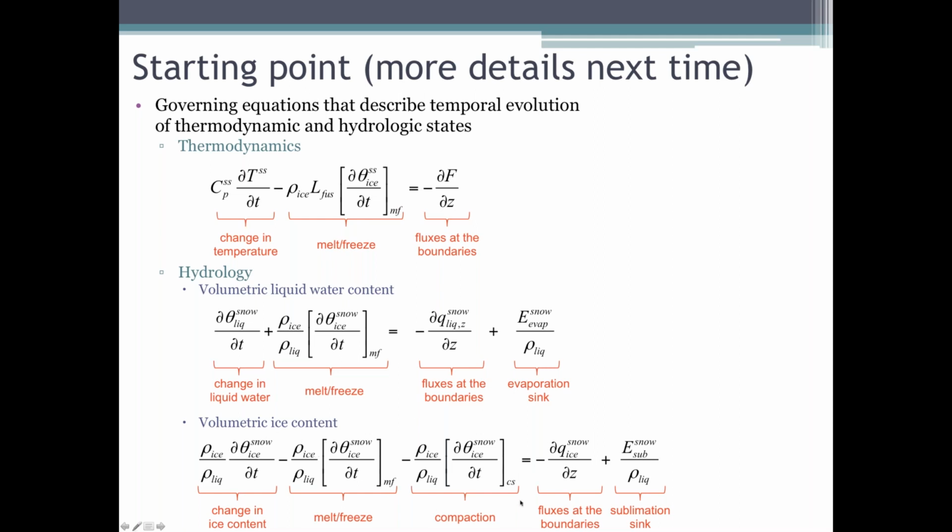Our volumetric ice content will change as our snow is compacted. We'll have different densities of that ice. And then we can have fluxes at the boundaries. We can have more snow and ice on the top, and we can have sublimation of ice component leaving.